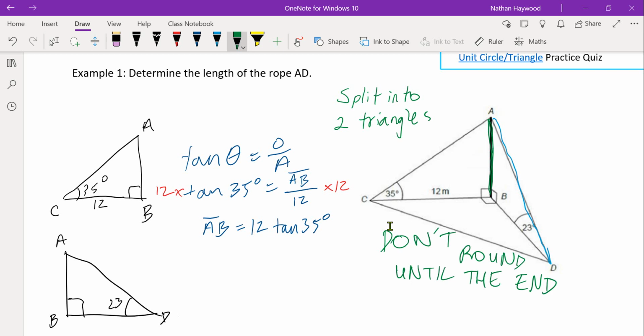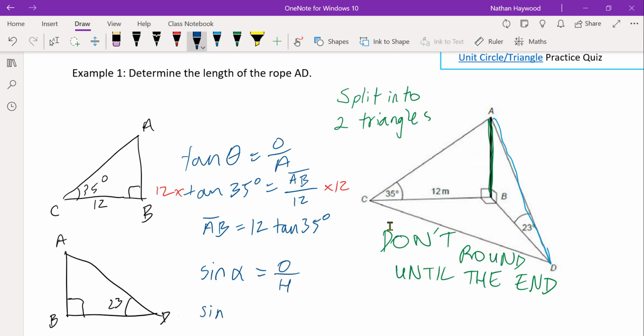I've solved for one side, and now we're going to solve for another side. We've got the angle, we've got the opposite, and we want the hypotenuse. Opposite and hypotenuse involves sine this time. Sine theta, or we can call it sine alpha, just sine of the angle is equal to opposite over hypotenuse.